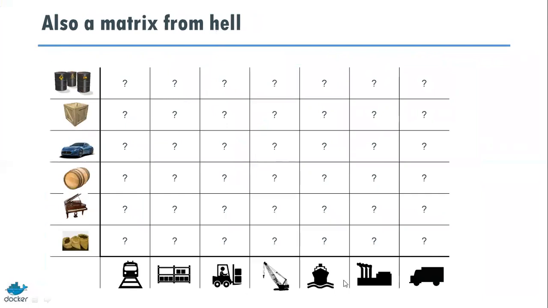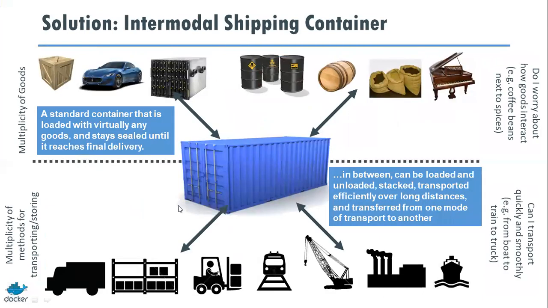Now the solution was that they created something called the intermodal shipping container. You must have seen these containers in the shipping industry, right? They created a container of a very standard size, and all these goods they put in the container.